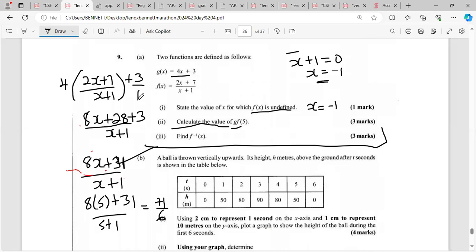I went to that side here. It's 4 times 2 is 8, 4 times 7 is 28.